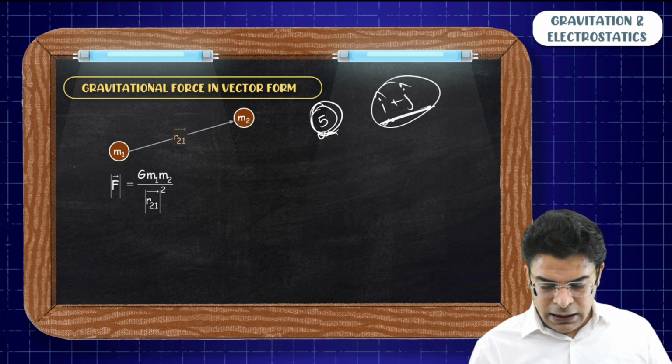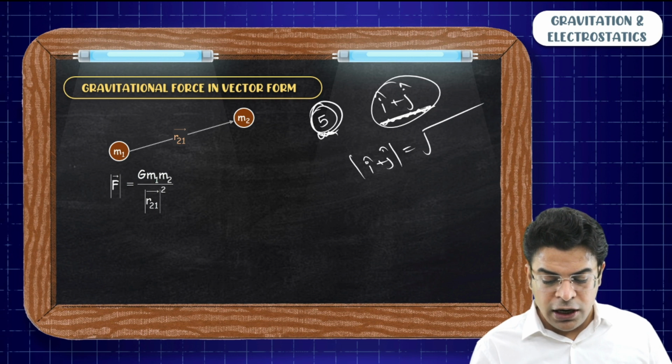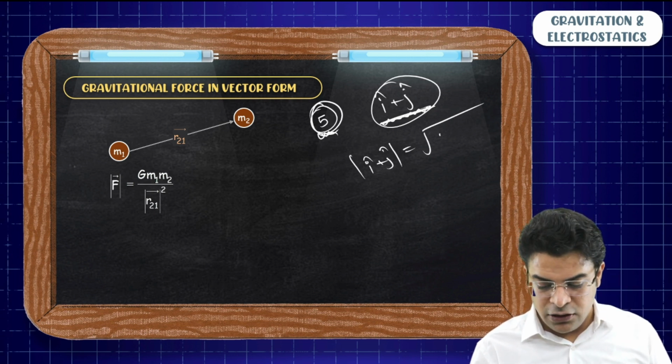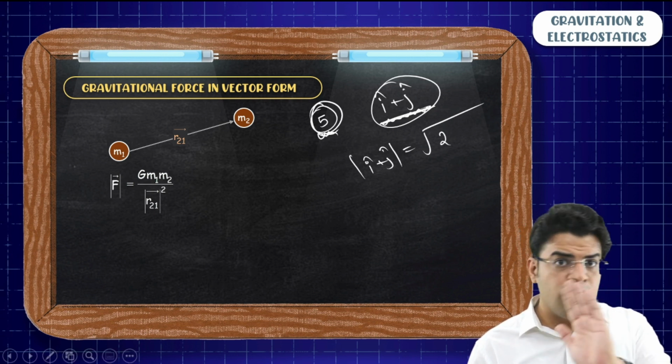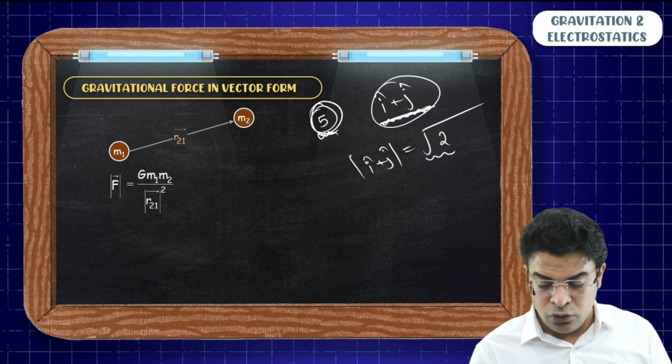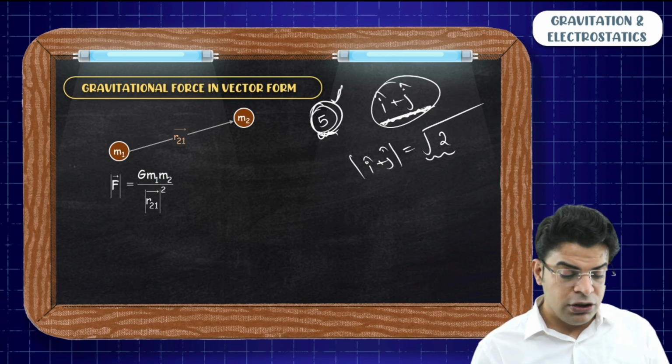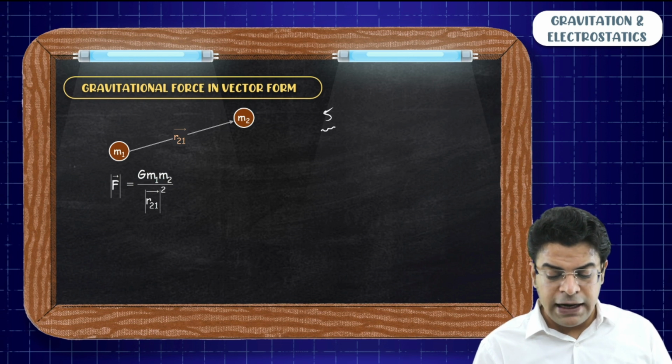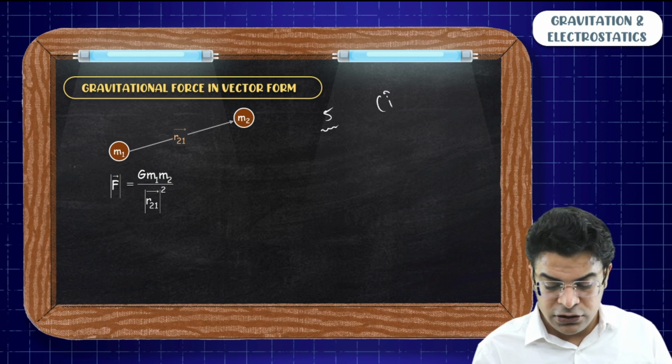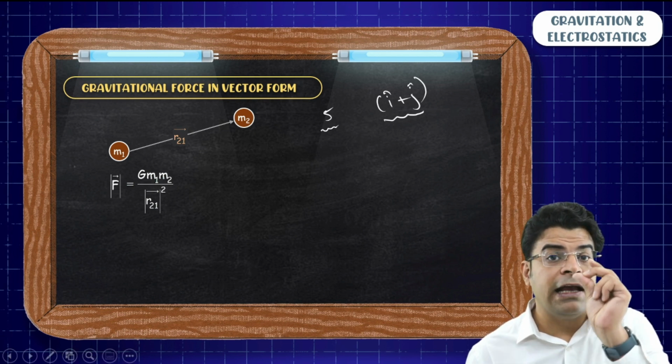The vector i cap plus j cap is a vector of magnitude under root of 1 square plus 1 square, that is under root of 2. I don't want a vector of magnitude root 2. I want a vector of magnitude 5. So what do we do? If we need to write a vector of magnitude 5 in direction of vector i cap plus j cap, we write a unit vector in direction of vector i cap plus j cap.